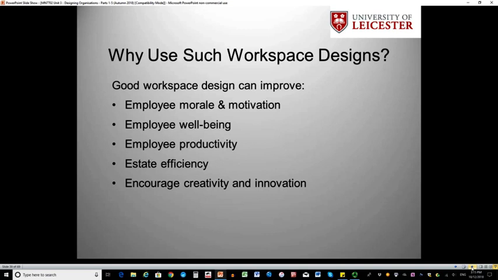For me, perhaps the most interesting is that this kind of workspace is really encouraging of creativity and innovation, because it creates a creative space, encourages us to be creative in the way that we think. It helps us think out of the box. If we are operating in creative environments and stimulating environments, we're more likely to be creative.